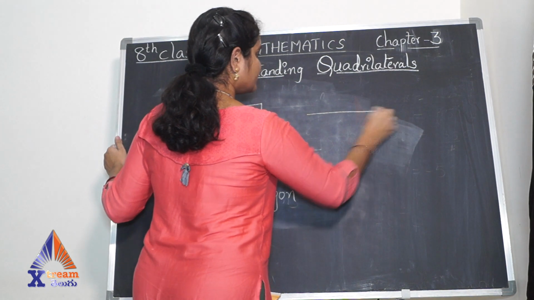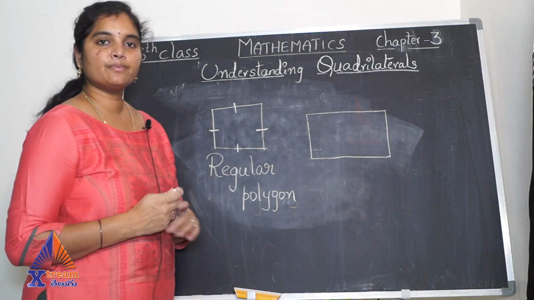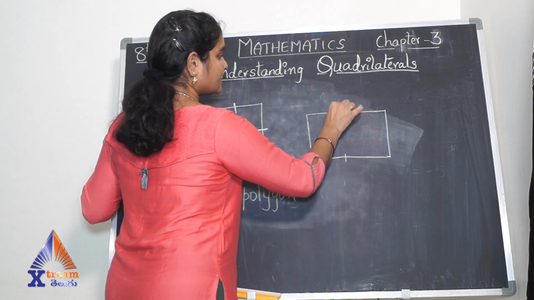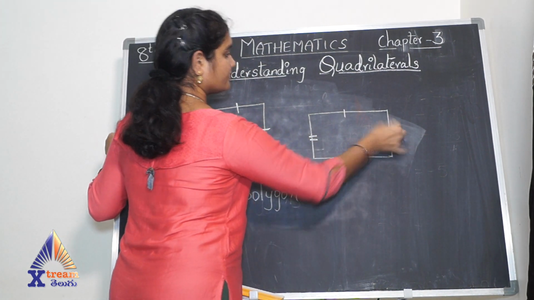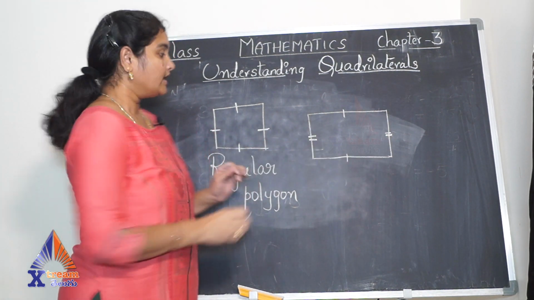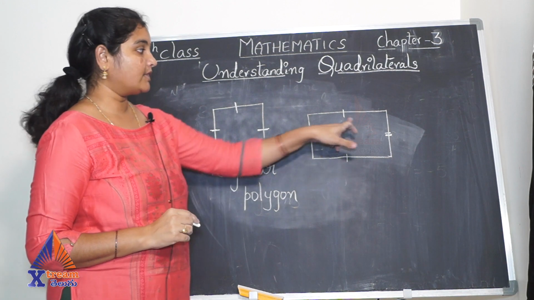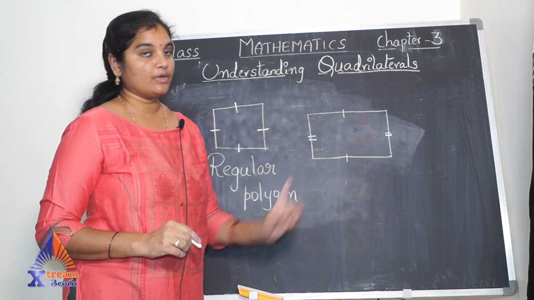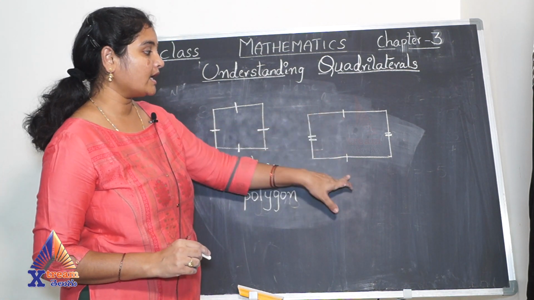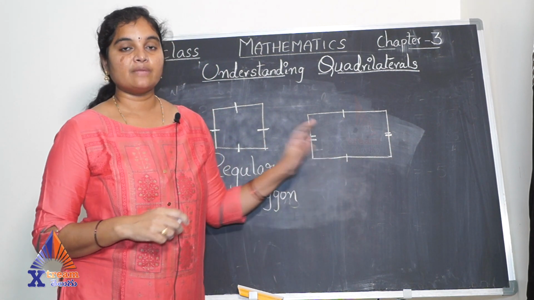Now I took the example of a rectangle earlier. Do you think it is a regular polygon? No, because in a rectangle all the sides are not equal, only opposite sides are equal. Can you see the difference between the markings here and there? Here, since all the sides are equal, I have given the same kind of markings. But here, only opposite sides are equal, so one pair of opposite sides has one kind of sign, and the other pair has a different type of sign.